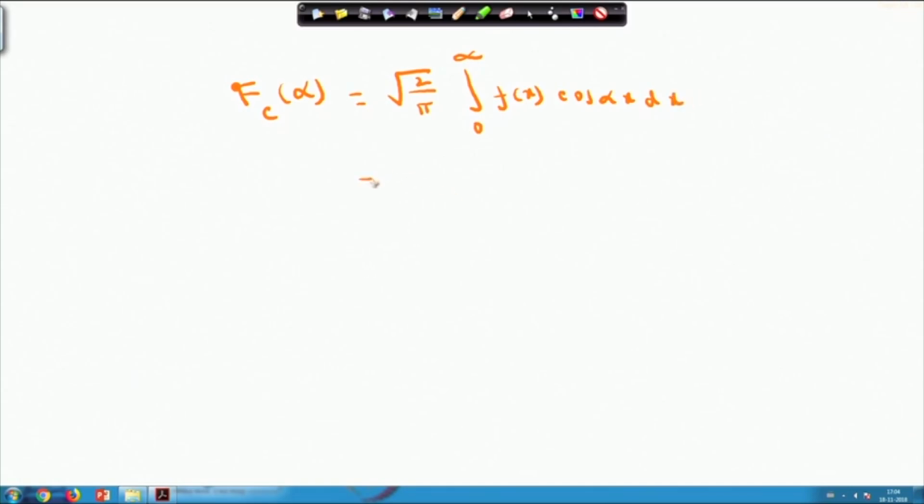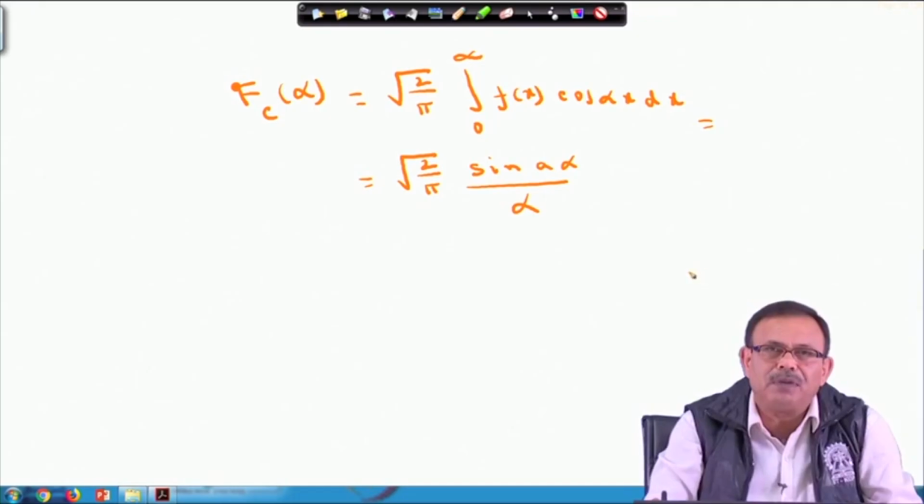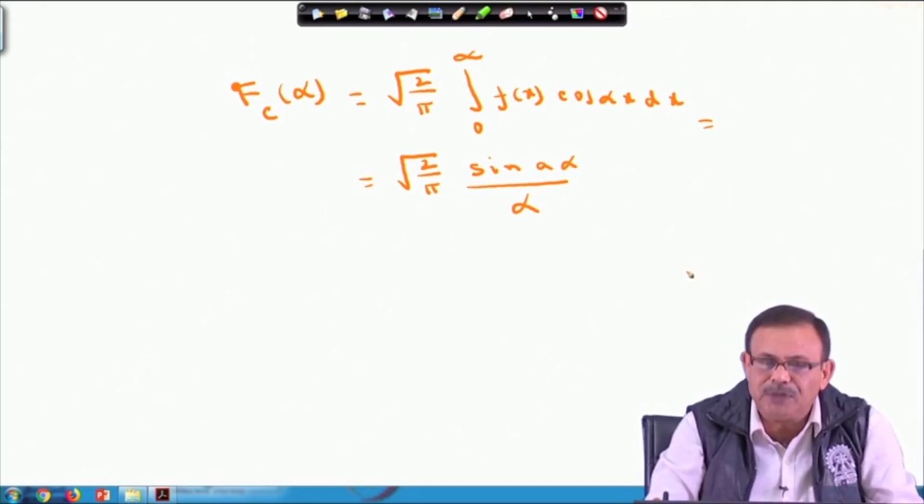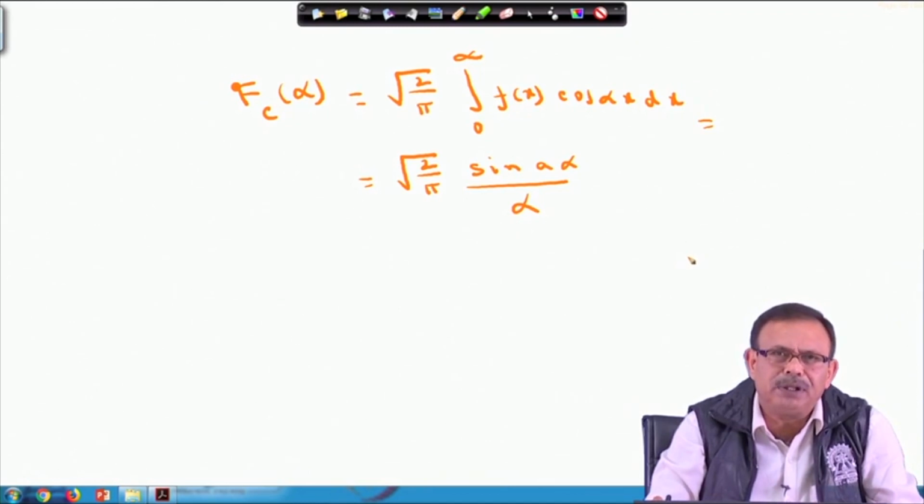And if I evaluate the integral, because I have to evaluate it from 0 to a only, it is a simple integral. So, we write directly the value as sine of a alpha by alpha. Here we only take the limits from 0 to a, as the function has been defined, and evaluating the simple integral, I obtain the value as sine a alpha by alpha.